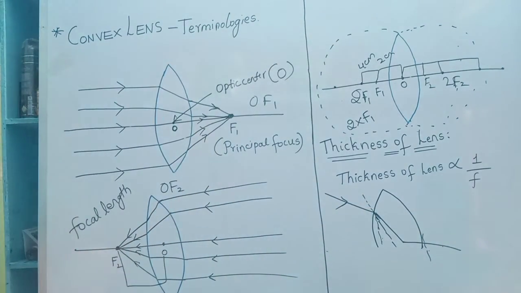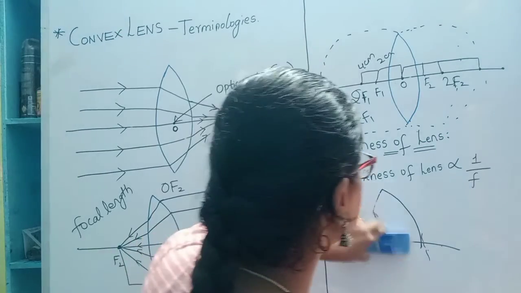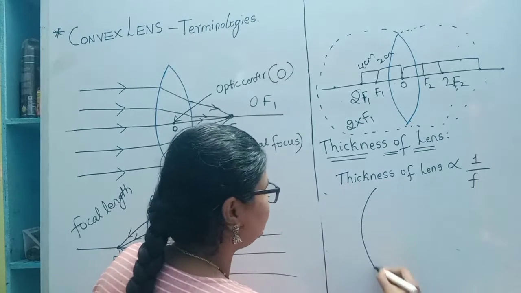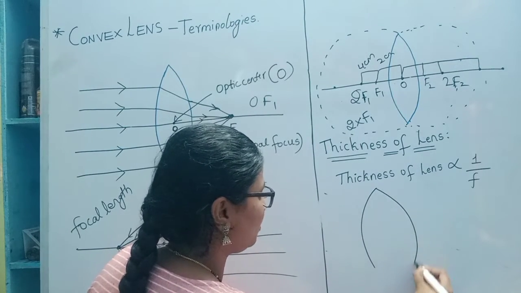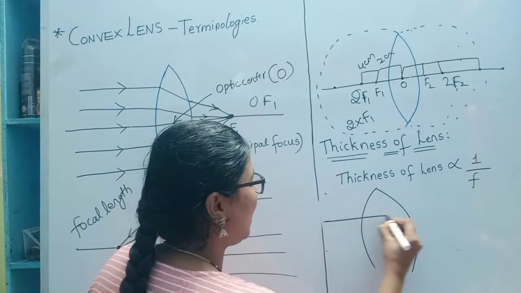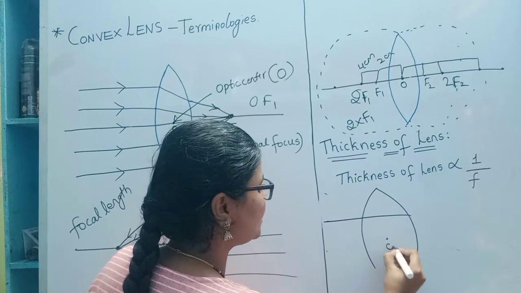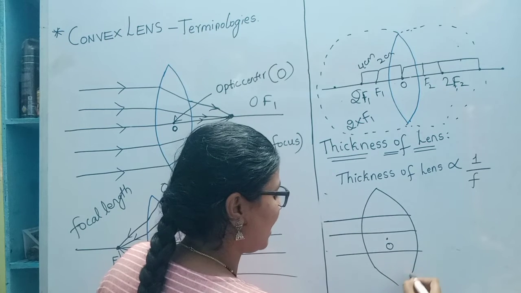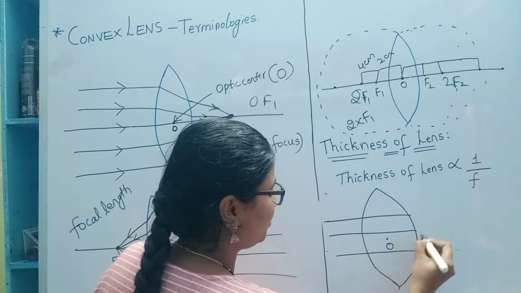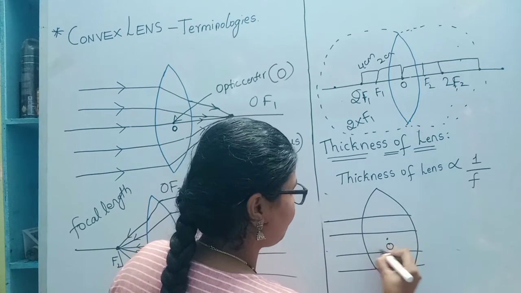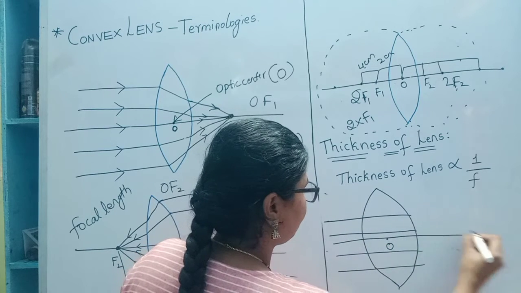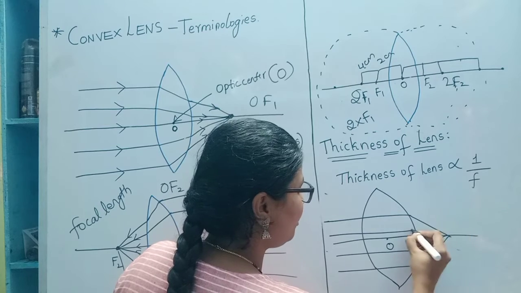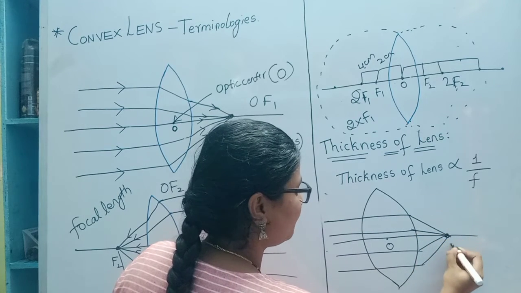When we increase the thickness of a lens, if we take a thicker lens, what happens? Let us take this as the optic center. The parallel beam of light which is traveling will also meet at a certain point, which is called the focus.